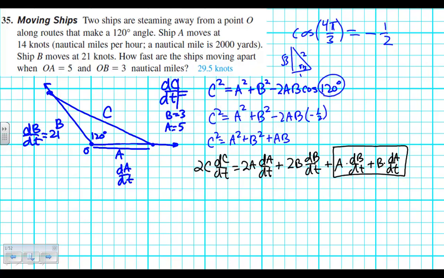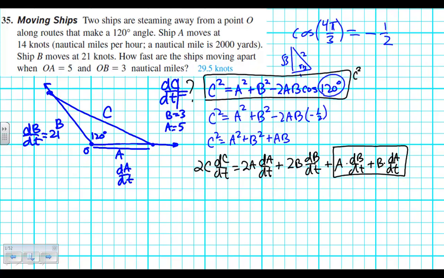Time for plug and chug. We don't know the change of C. Change of C is indeed the unknown, but you do know C, and we have the ability to find out what C is by using this equation.